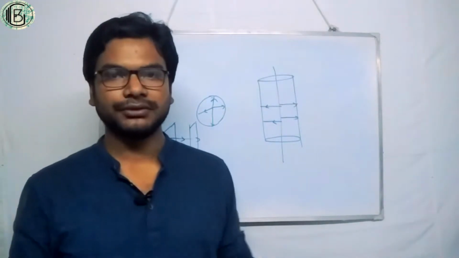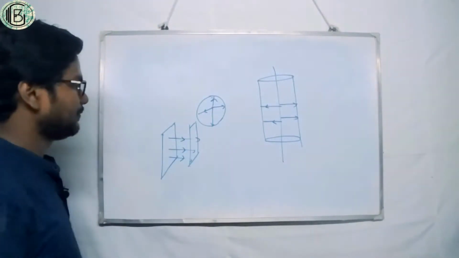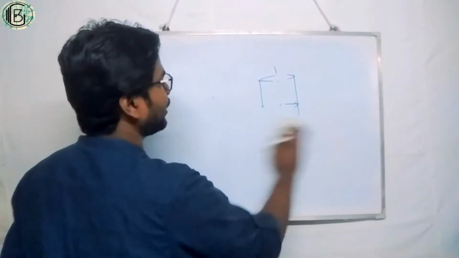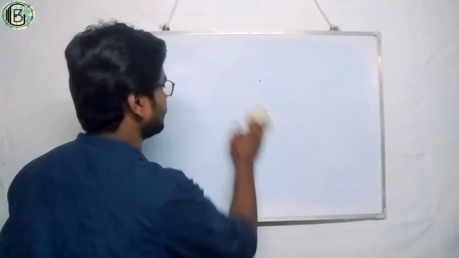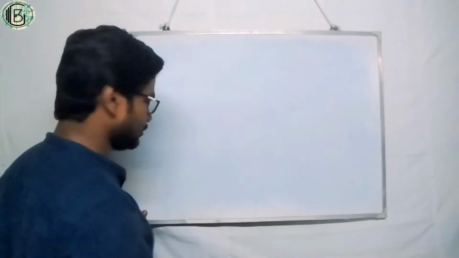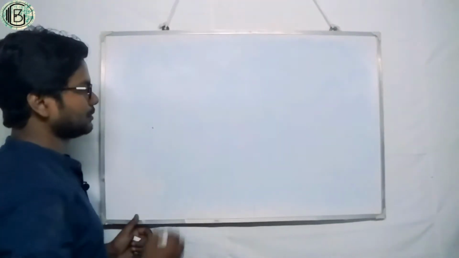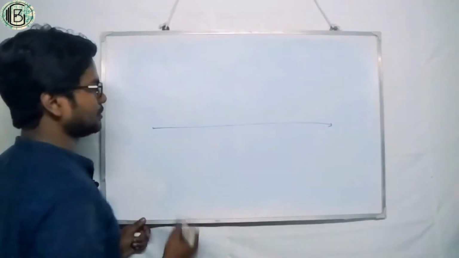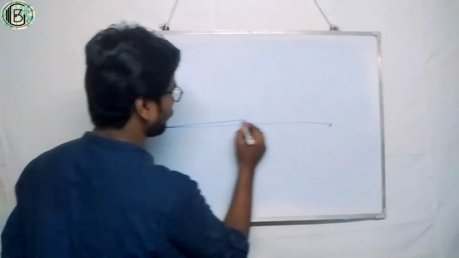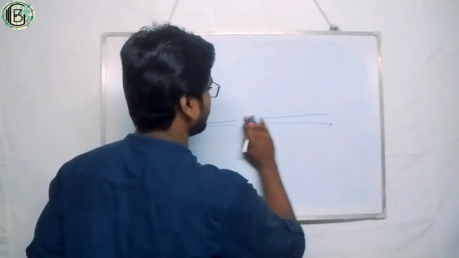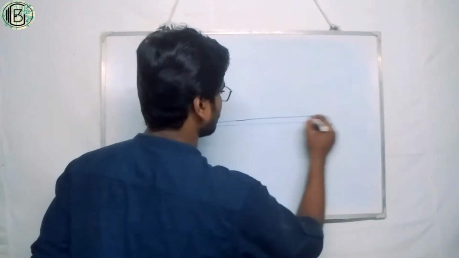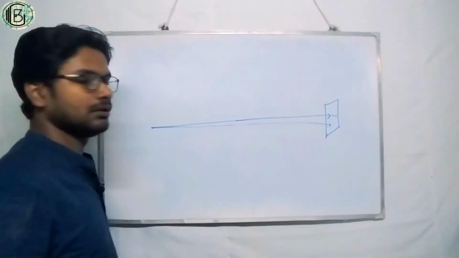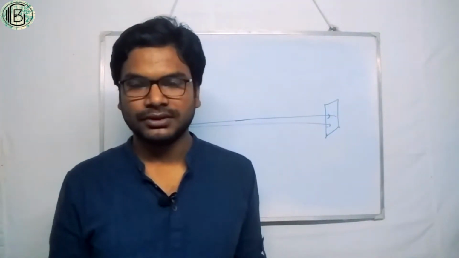Now another point we should discuss: suppose there is a point source, but the distance between the point source and the observation is really high, then this point source is converted into a planar wavefront.